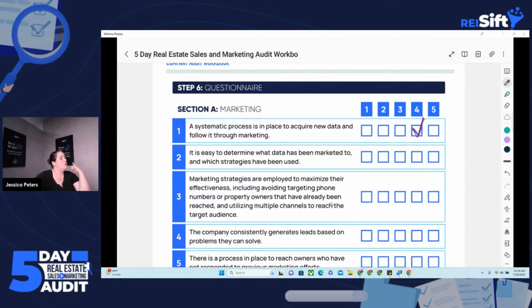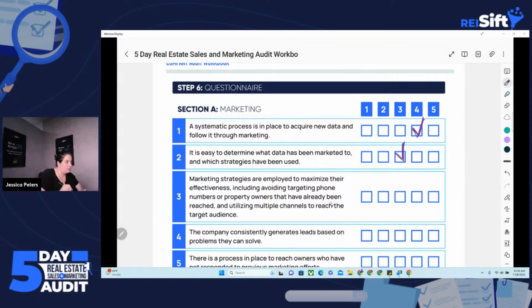Can you tell what's been marketed to, what strategies have been used? So for example, these records have been dialed or called, but they've never been texted, or they've been called and texted, but never sent direct mail. So what's been used, what hasn't been used, what's been marketed to. I'm going to give us a 3 on that one.